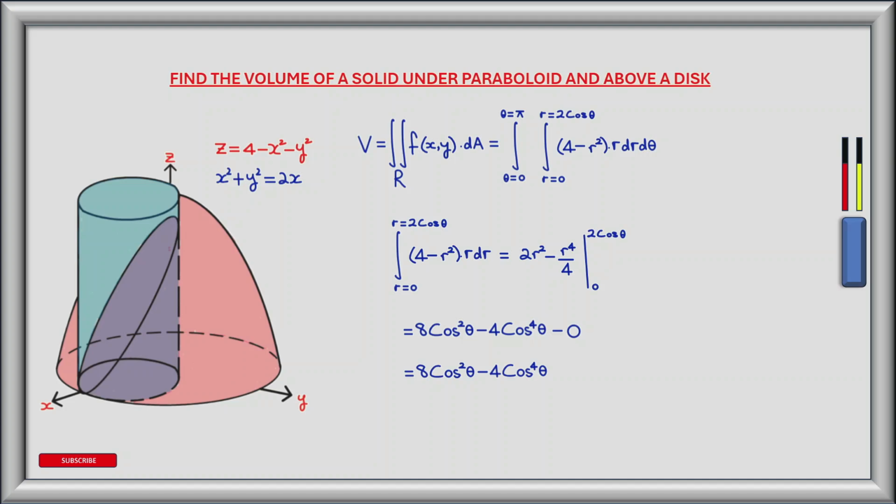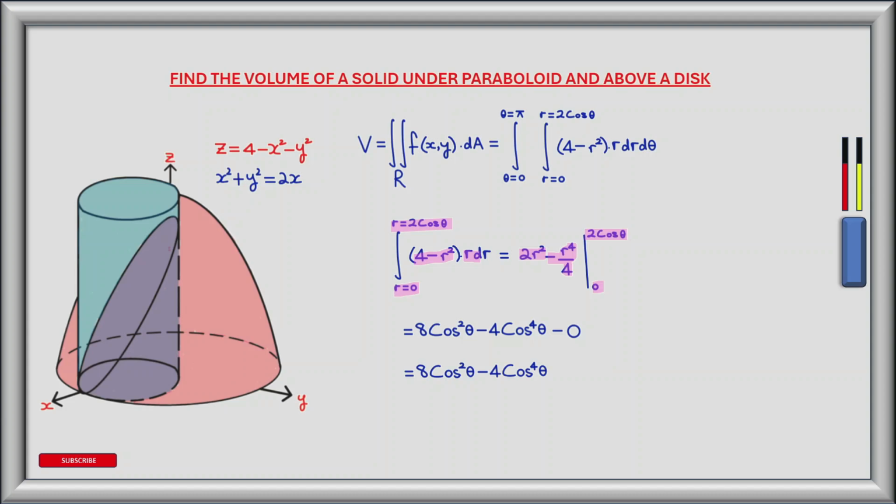So let's begin by evaluating the inner integral. So we're going to integrate 4 minus r squared multiplied by r dr between r is 0 and r is 2 cos theta. So the antiderivative of this is 2r squared minus r to the power of 4 divided by 4, and we're going to evaluate this between 0 and 2 cos theta.